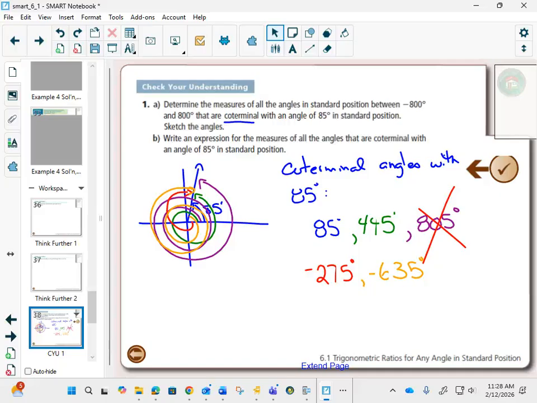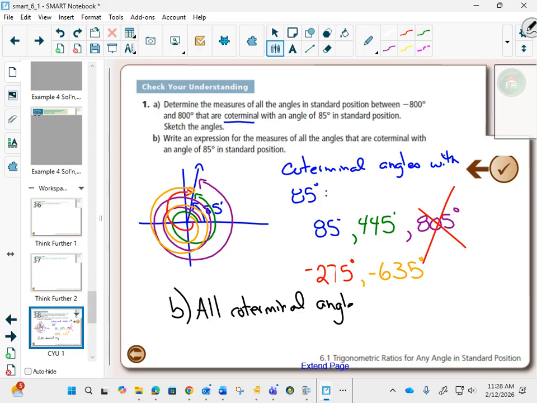In part B, if you wanted to write an expression for all the angles that are coterminal, we could start with our 85 degrees. This is going to be an infinite amount of them.